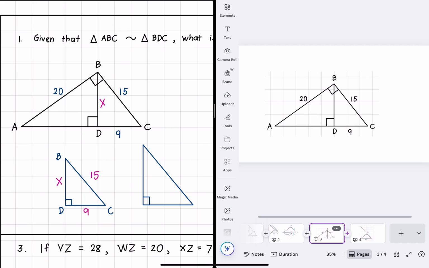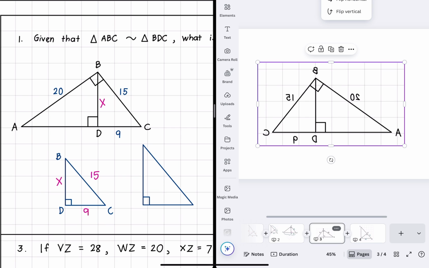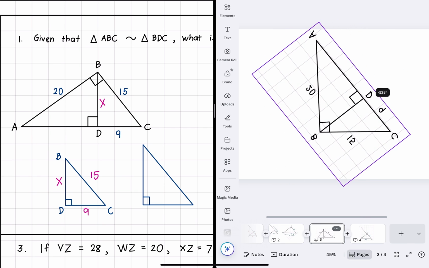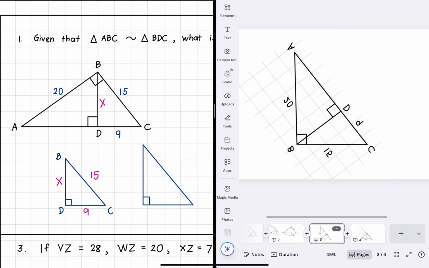So for example, in this triangle, since our goal is to have the right angle on the bottom left, I'm going to flip this triangle horizontally, and then I'm going to rotate it. As you can see, this is the triangle that we want to have a right angle on the bottom left.